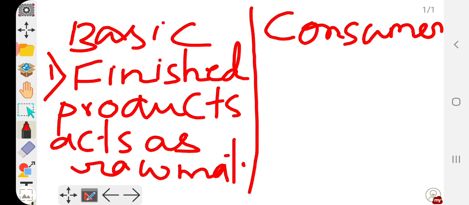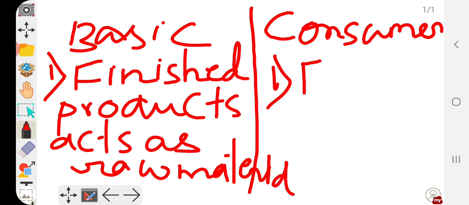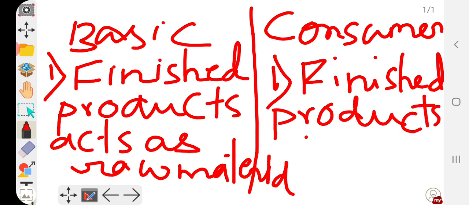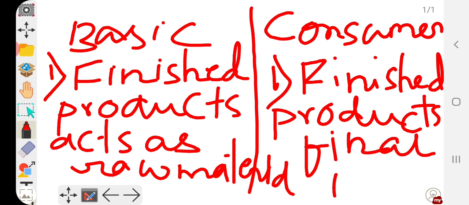And for the consumer industries, finished products are the final products. So the first point of difference is clear.